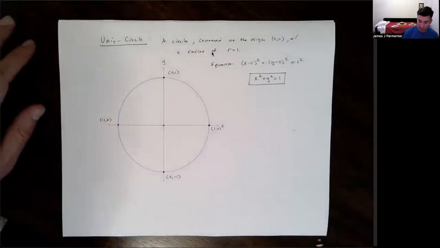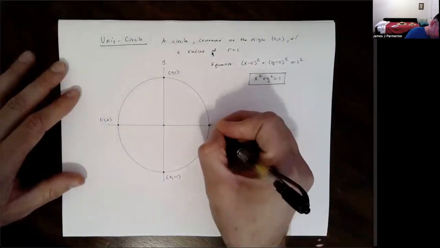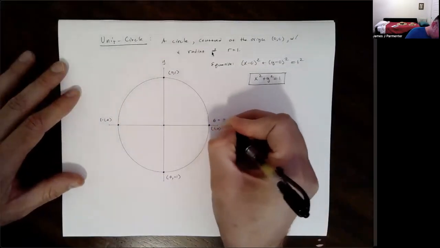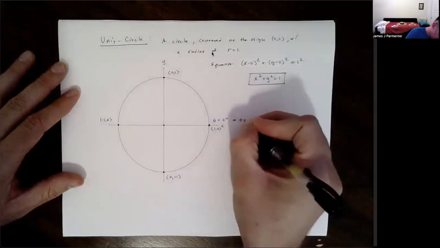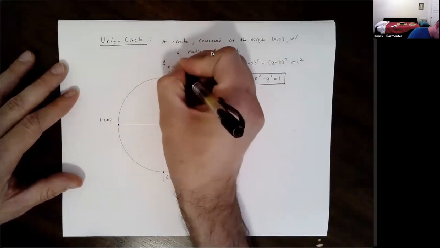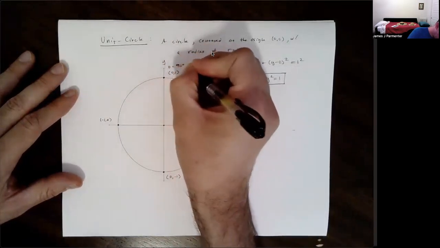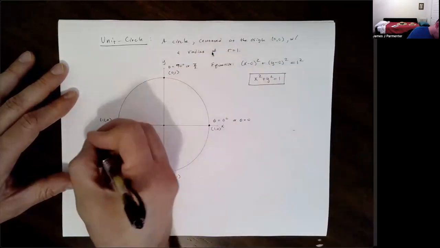A few other things to point out. We're going to start labeling things, and I'm going to pick out lots of these. This angle here, we think of this angle being 0 degrees or 0 radians. Up here, we've got theta equal to 90 degrees or pi over 2 radians. Over here on the left, we've gone halfway around the circle.